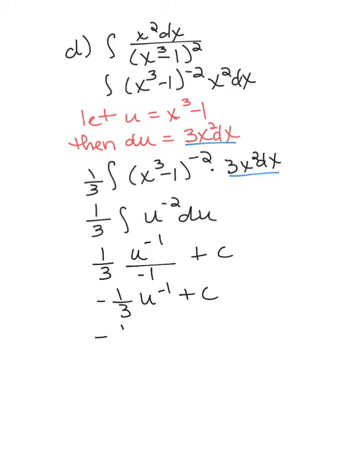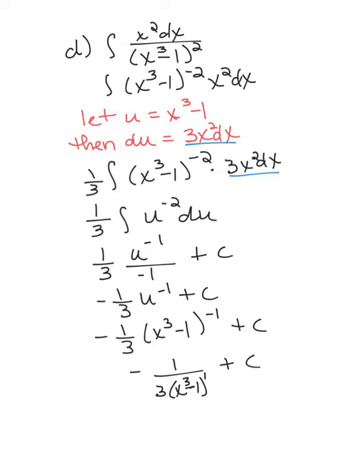We have to put back the x variable. So we're going to replace it with x cubed minus 1 to the -1 plus c. And if you wish to make this positive, you put it back into the bottom of the fraction. It would be -1 over 3 times x cubed minus 1 to the +1, which you wouldn't have to write, plus c.